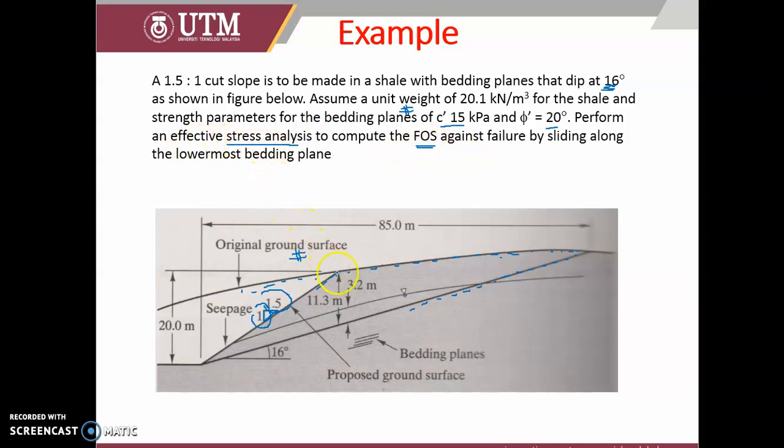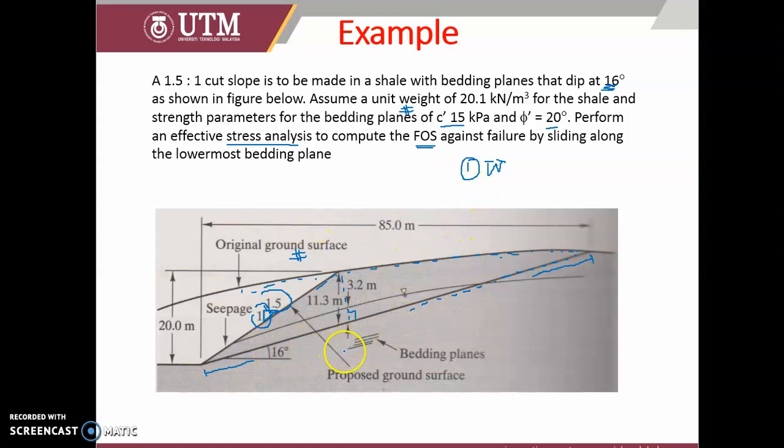Like I mentioned just now, first we need to calculate the weight. We can assume a triangle area here. We need to know the length up to the toe, the length of the failure line.